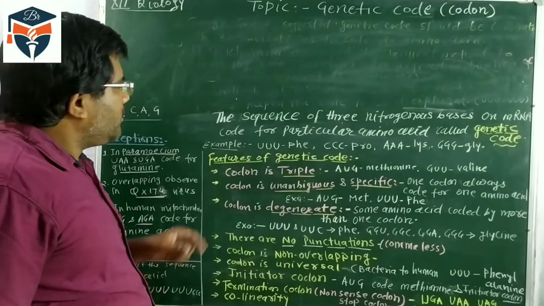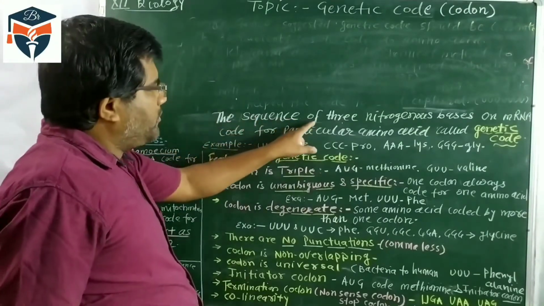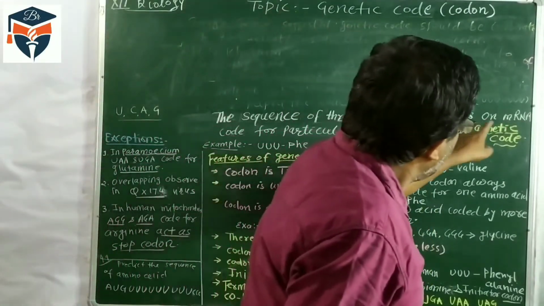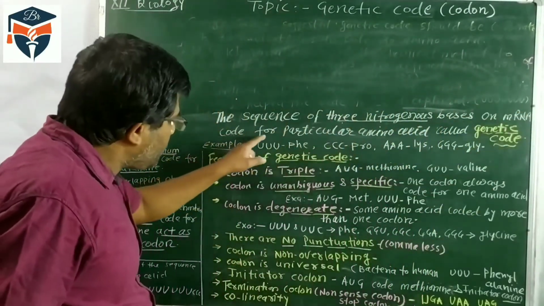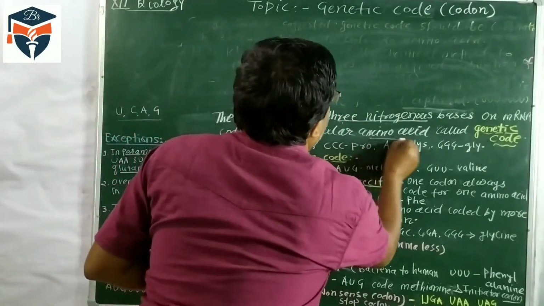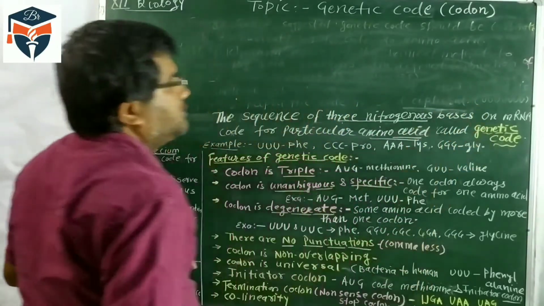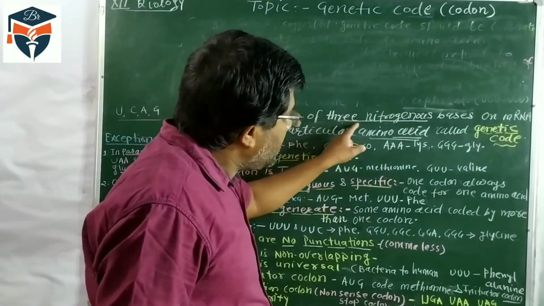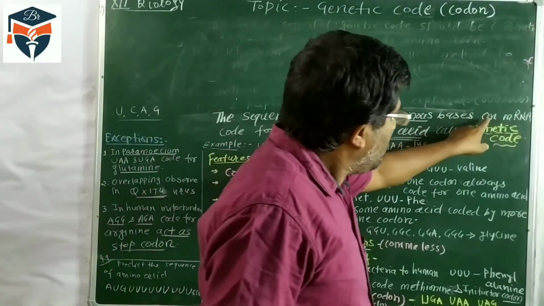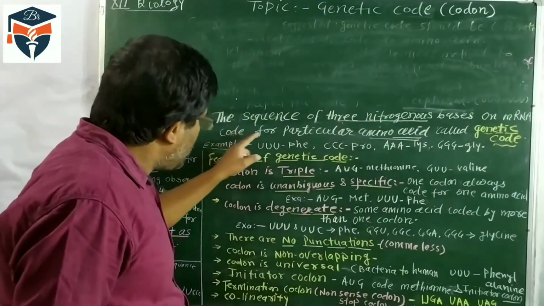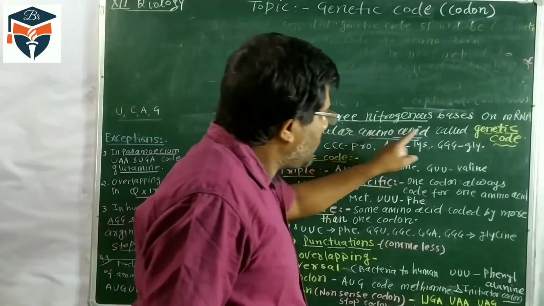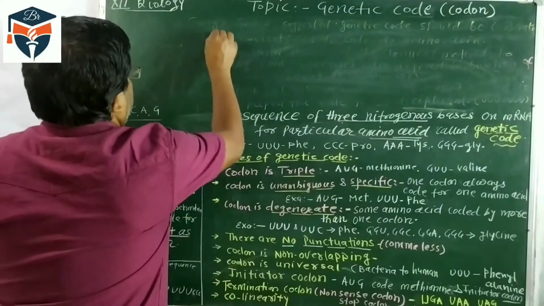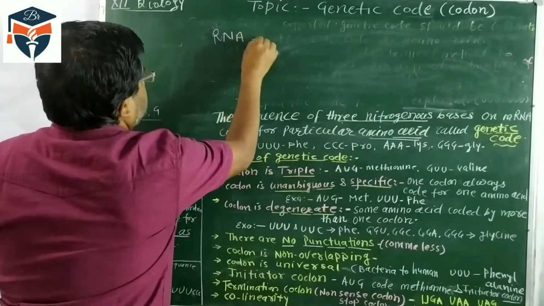What is genetic codon? The sequence of 3 nitrogenous bases on mRNA that codes for a particular amino acid is called the genetic code. First we should understand RNA is a molecule.